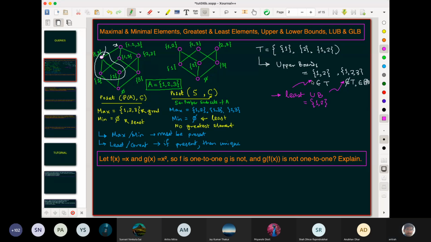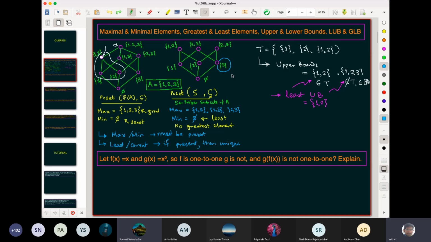Sir, in the second poset, S comma proper subset, we define a poset to be reflexive, right? Yes. Every set is a subset of itself, not a proper subset. So in the Hasse diagram, we do not draw these edges. You are telling that these edges will be there?